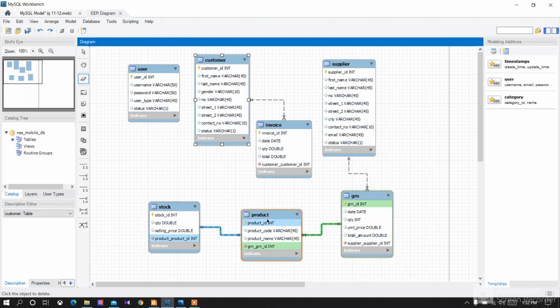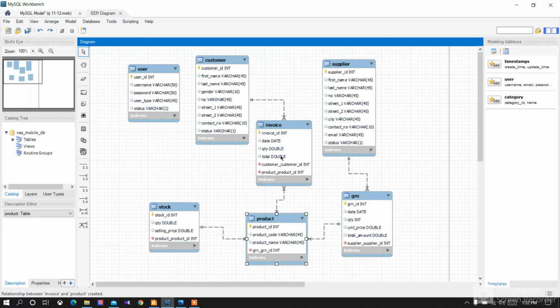There will be a single product for many invoices, and so I'm going to put a one-to-many relationship between product and invoice. The invoice side is many and the product side is the single side. So likewise, there will be many products for each invoice.